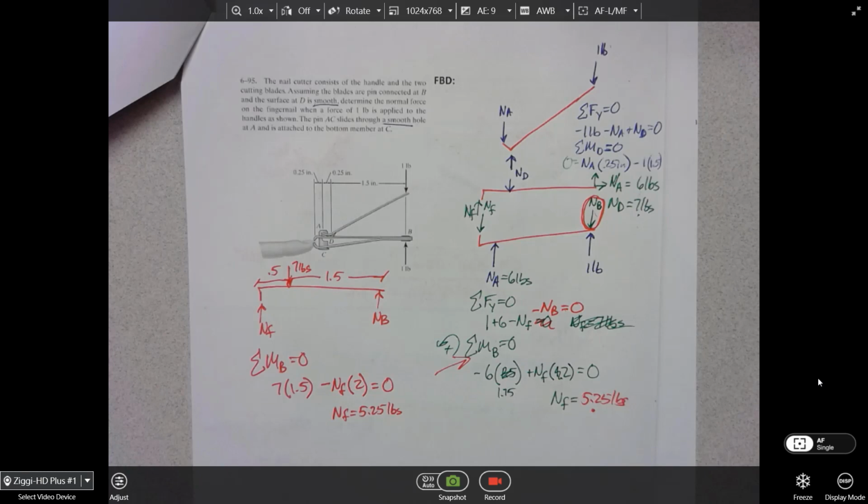Okay, so about D, I'll have NA times 0.25 inches. Oh no, my pen is dying. Minus 1 pound times 1.5 inches. And this has to equal 0.